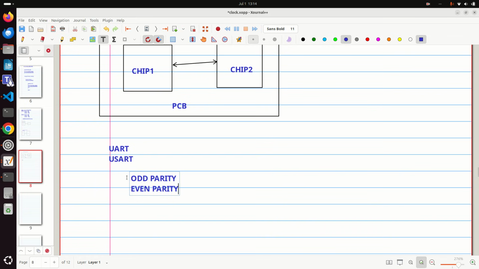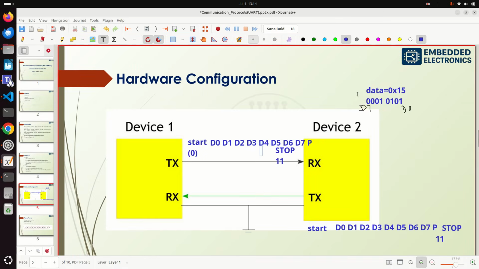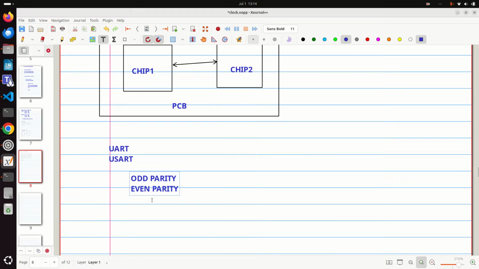Whatever data you are transmitting, you count the number of ones. Here we have data, we are transmitting 0x15. You need to count the number of ones: 1, 2, 3.